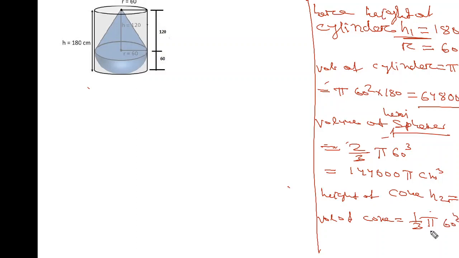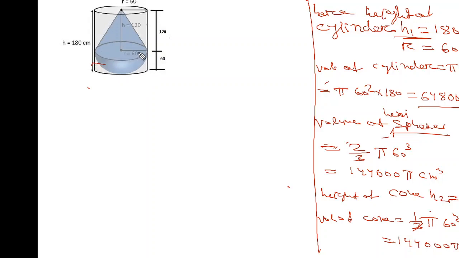Now you can cancel it, 60 square 3600 and it will be cancelled, 3 4 40. So it will be equal to again 144,000 pi. Now you see we have found the volume of the cylinder, we have found the volume of this hemisphere, and also we have found the volume of the cone.